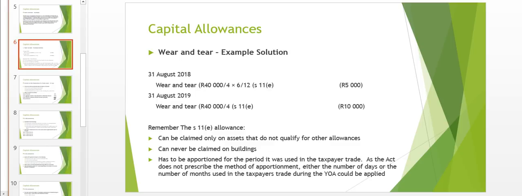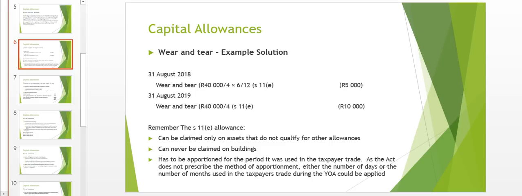Okay. And this allowance, you may never claim it on buildings. Buildings also have a different allowance, that's Section 13 of the Tax Act. Then you also need to apportion this wear and tear allowance for the period it was used in a taxpayer's trade.